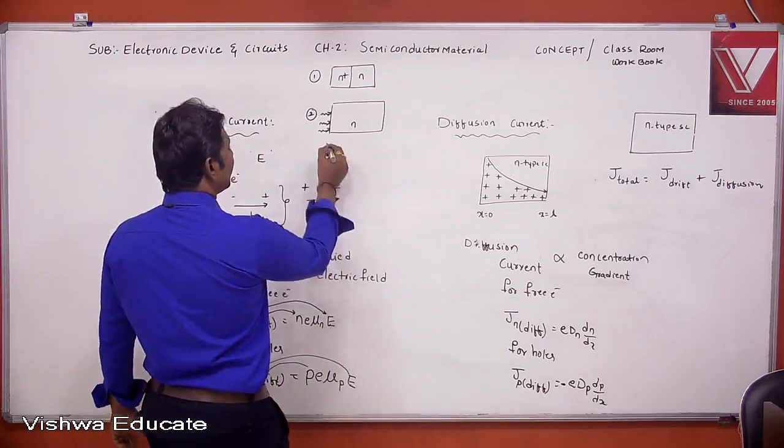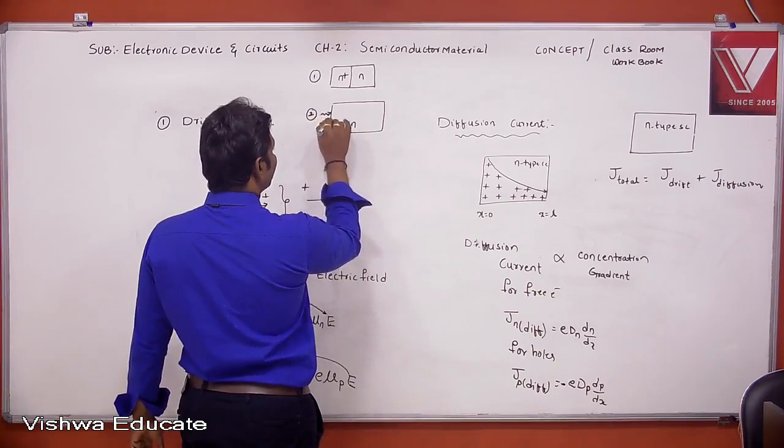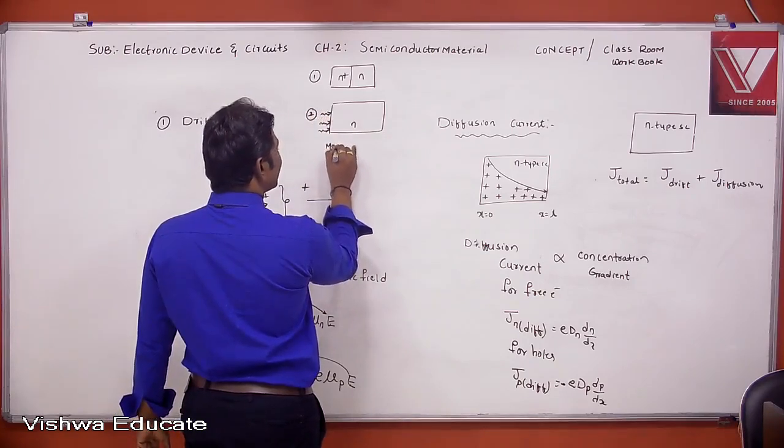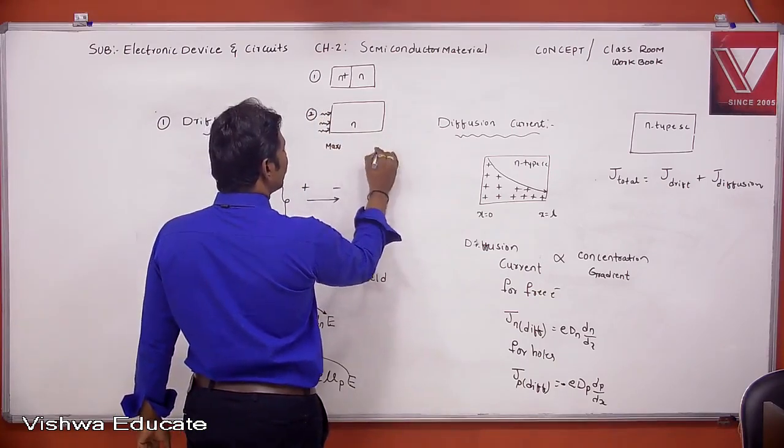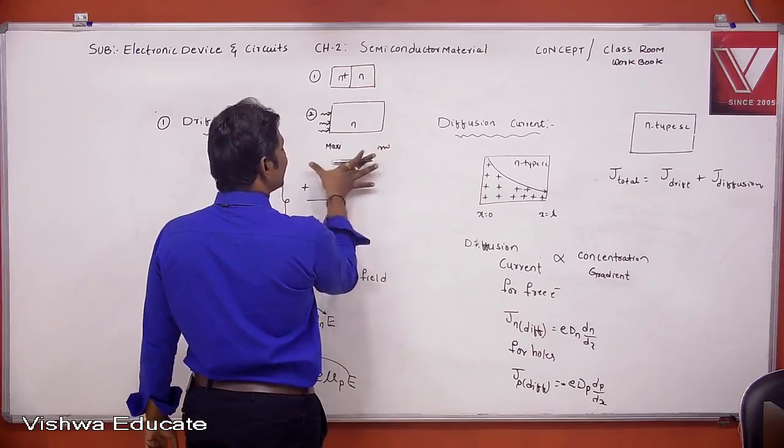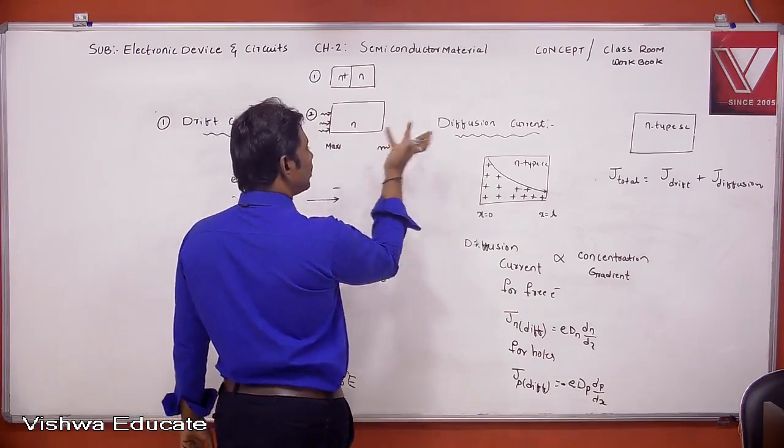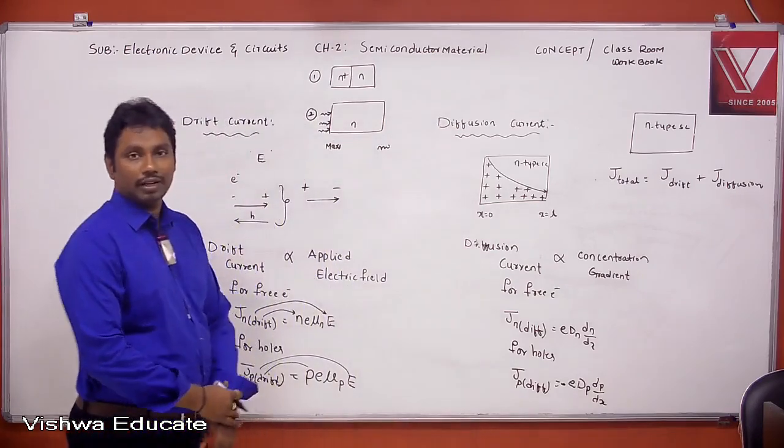What happens if the charge carriers are injected from one side? The concentration here is maximum, and with respect to this one, the concentration is minimum. So there is a concentration difference. So which current will flow? Diffusion current will flow, right?